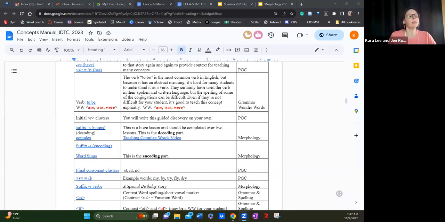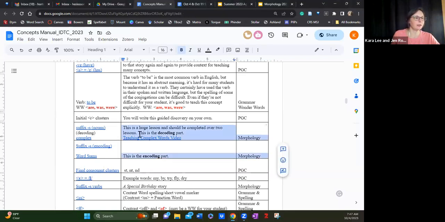So what I want you to notice is that in the actual, not Word Detector notebook, sorry, in the concepts manual, you'll see that this is a really big idea and it's so foundational to our work with kids, especially from this point forward. I'm looking right here at these two lessons.